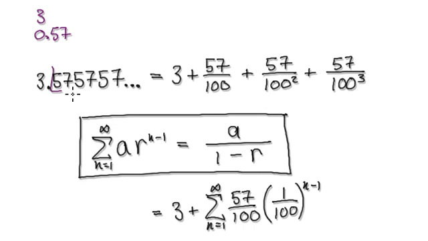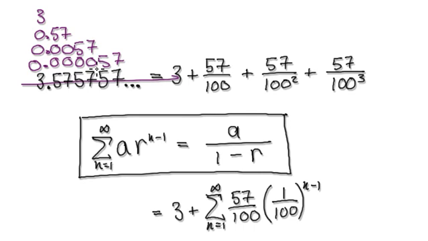That's this bit done, and then you add 0.0057. That's this done. Now let's look at this one here. You can think of it as being 0.000057 and so on.